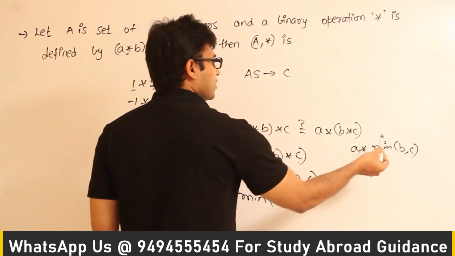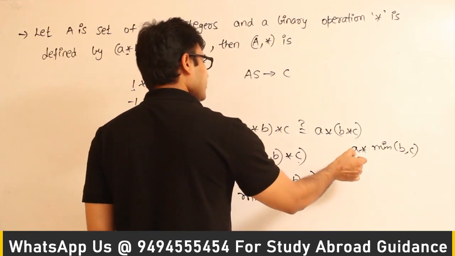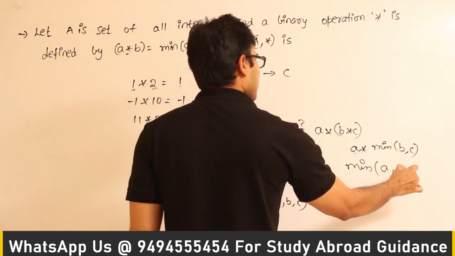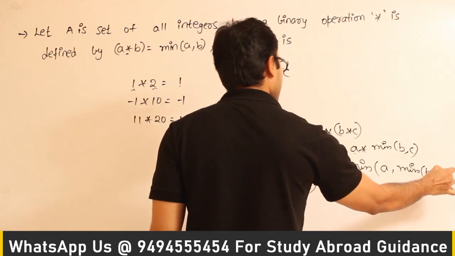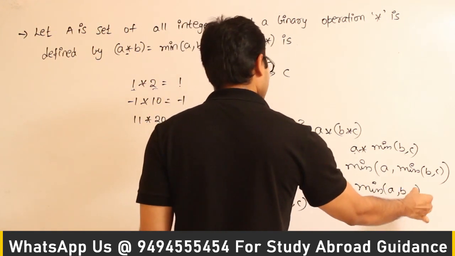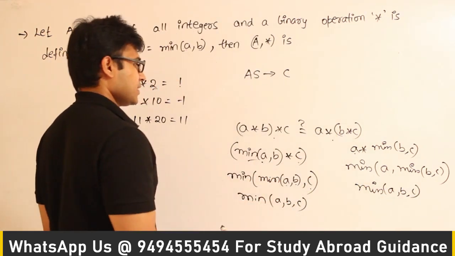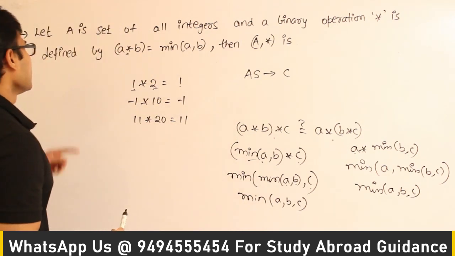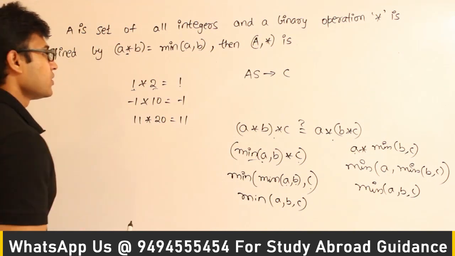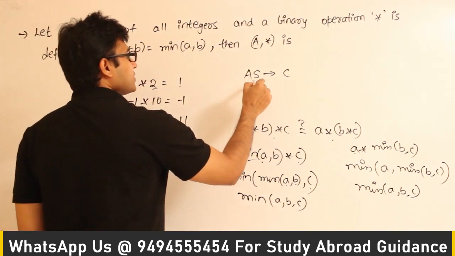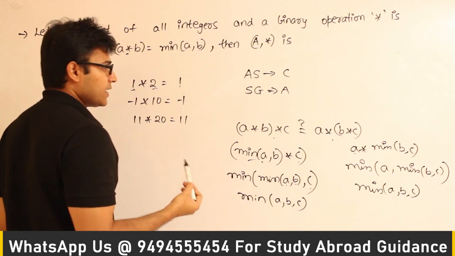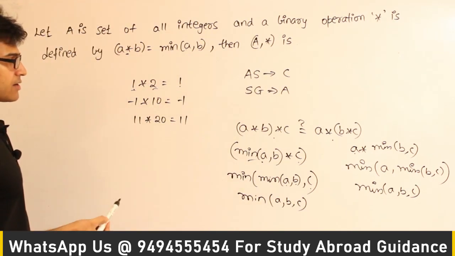Now if you are applying A star that element, it is nothing but finding the minimum of A comma that particular element, which is the minimum of A comma the minimum of B comma C, which is simply the minimum of A comma B comma C. So the left hand side is equal to the right hand side, and so the operation star, which is the minimum of A comma B, is actually associative, and so this (A, star) is a semi-group, right? Because associativity is followed.